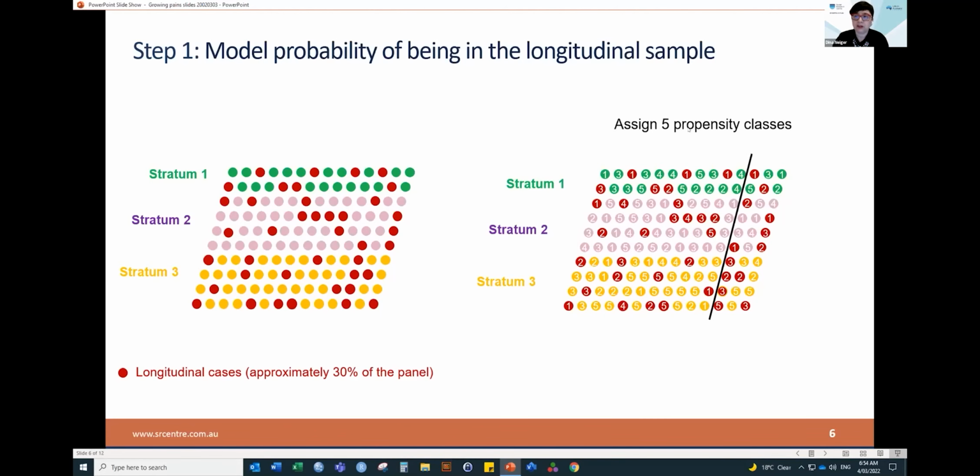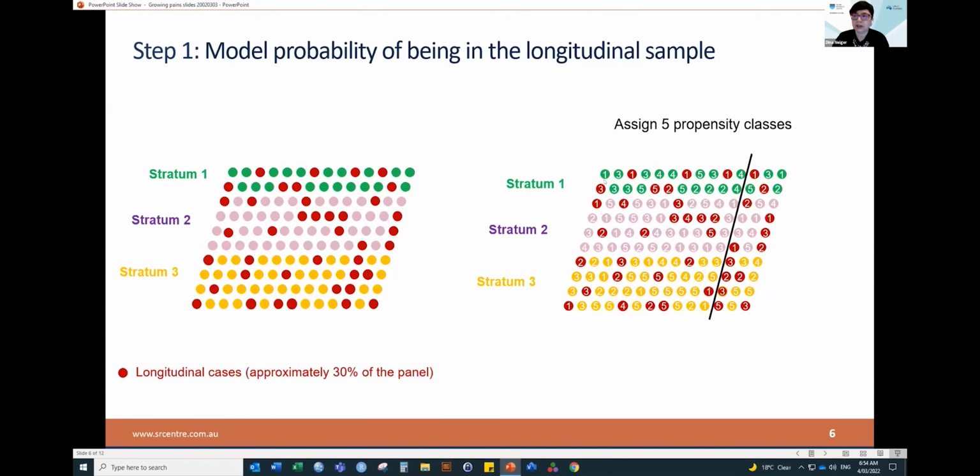And we've assigned 5 propensity classes, which basically model the probability of a cross-sectional or fresher respondent being one of the older longitudinal respondents. And we assigned those classes within each stratum. I think we actually assigned 10, but for the purpose of illustration, I'm just using 5.